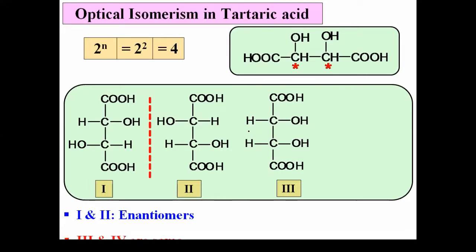Our tartaric acid has only 3 stereoisomers. Out of that, we have studied the relation between first and second. They are optical isomers and non-superimposable mirror images of each other. Hence, they are enantiomers, out of which one is dextro and the second is the laevo isomer. Now let us see the third one.